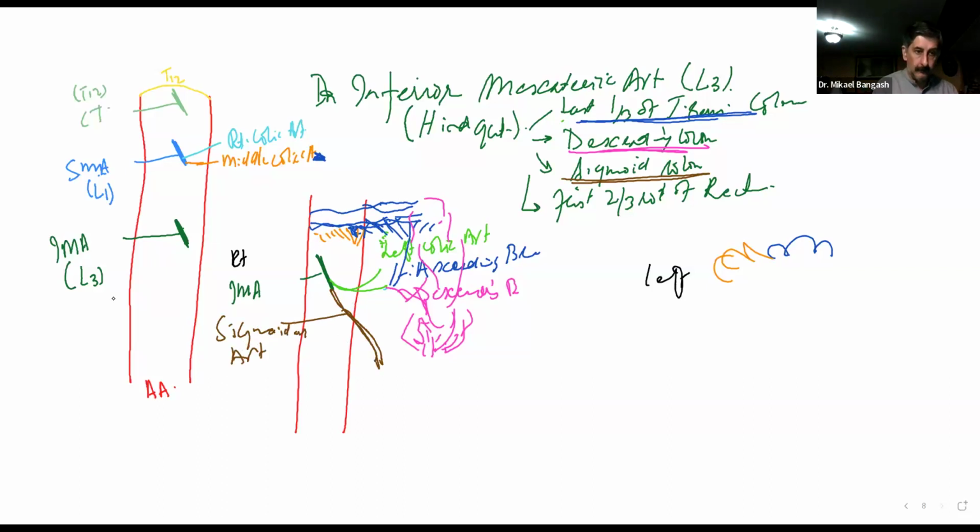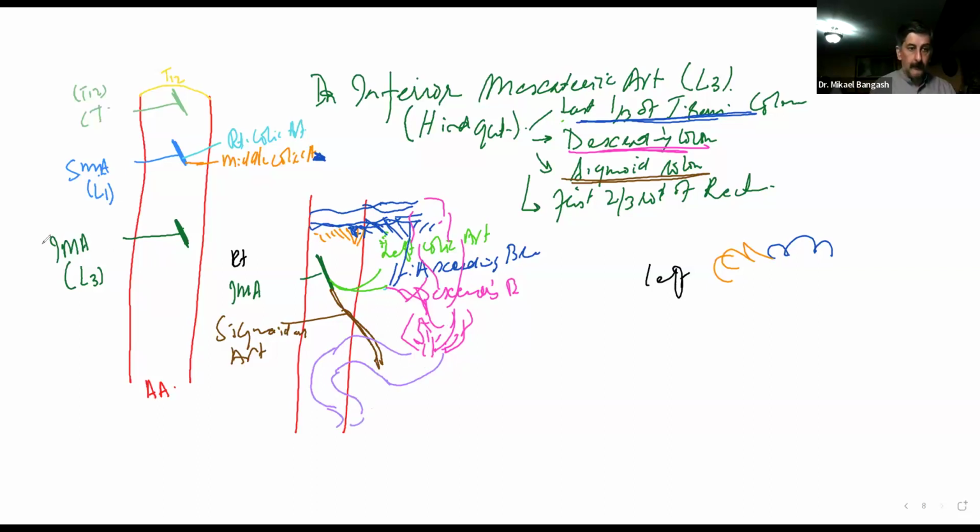Now, guys, the sigmoid colon is going to be a more medial extension of your descending colon, and it mainly forms this S-shaped gut, and that's mainly why it's called the sigmoid colon.